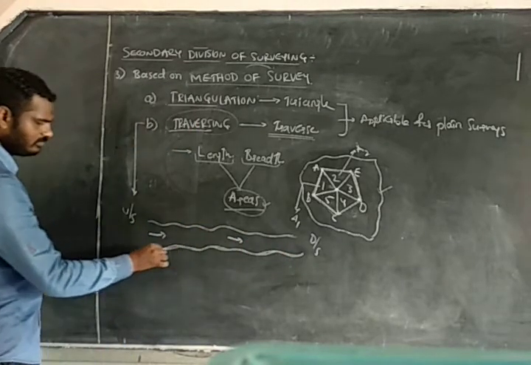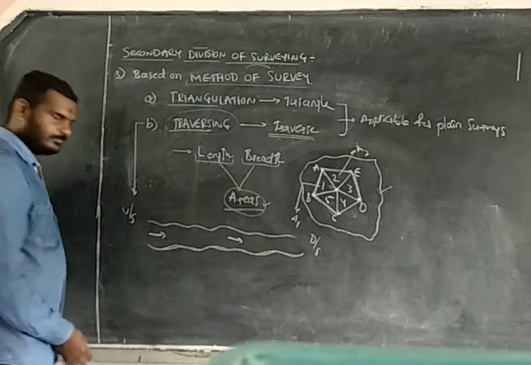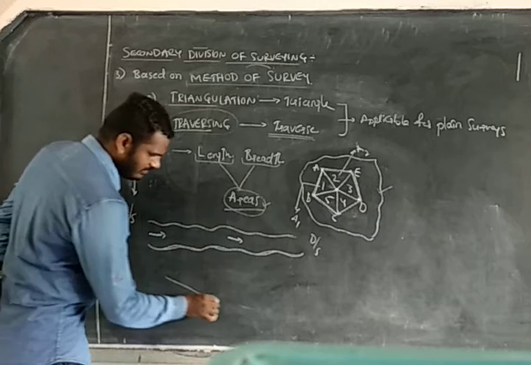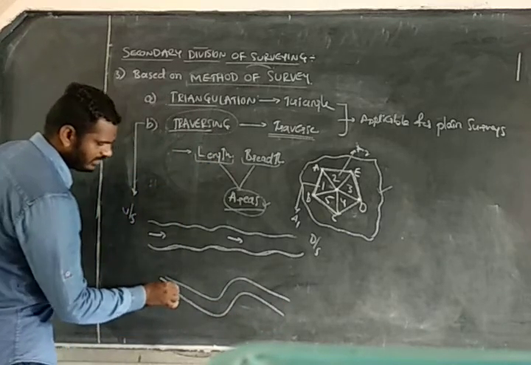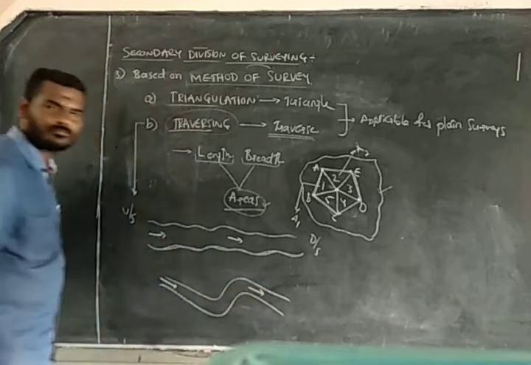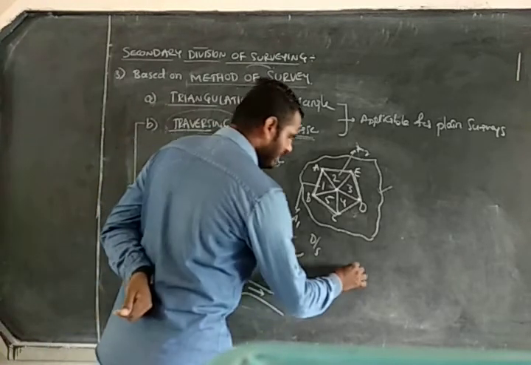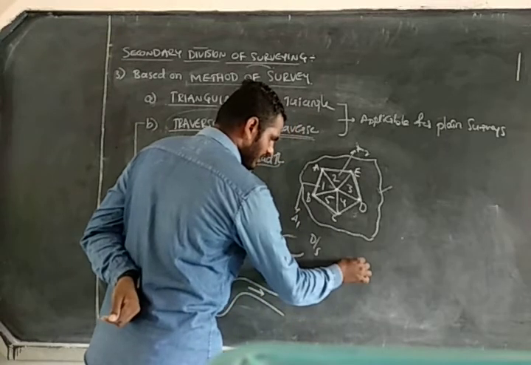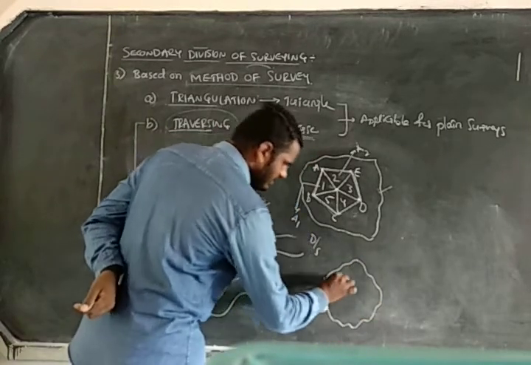This is how the flow is going on. Otherwise let us take a stream which is flowing like this. So this is the direction of flow of a stream. And let us consider that there is some static pond, a static water body. Let us take this is a sea, or let us take this is a pond.